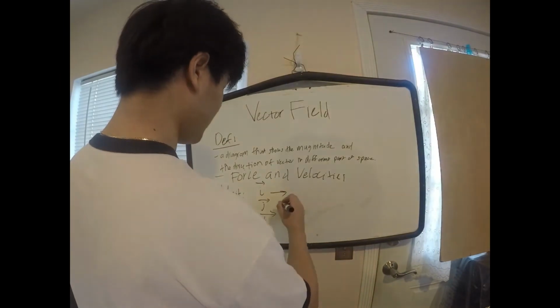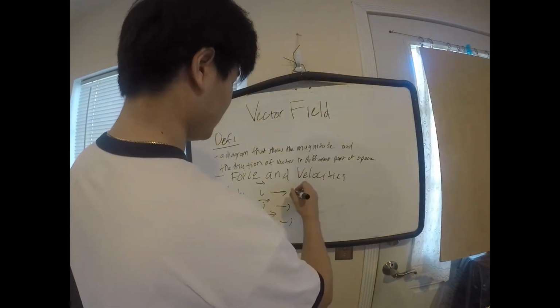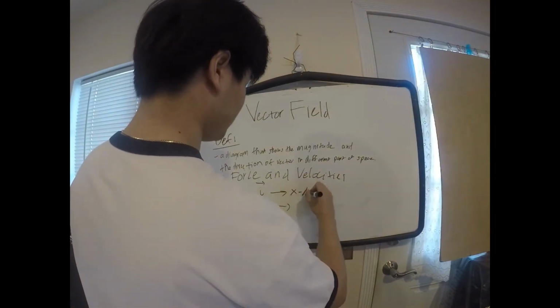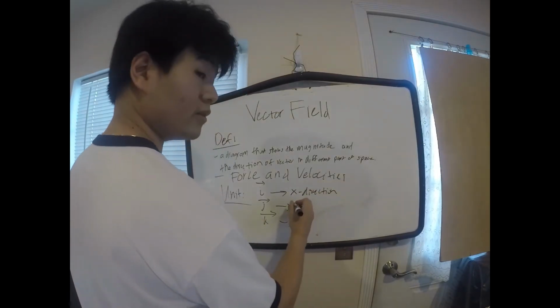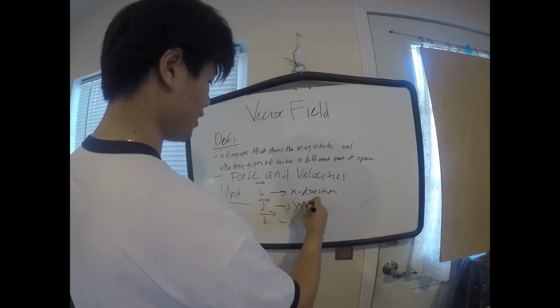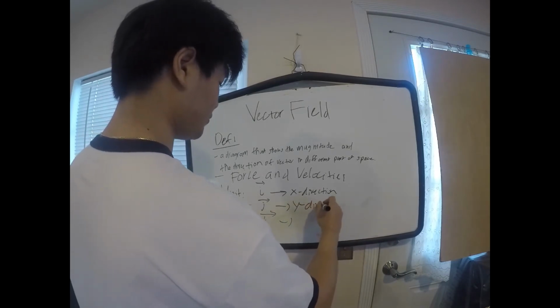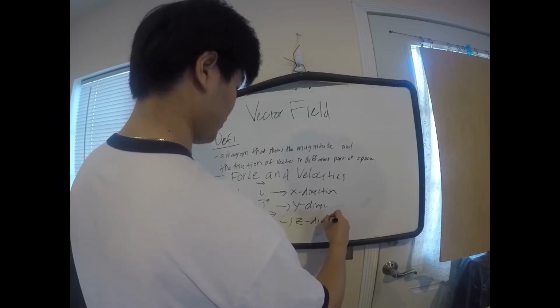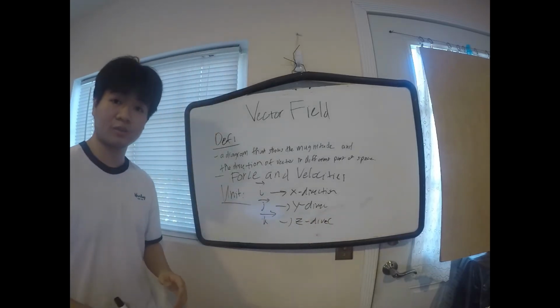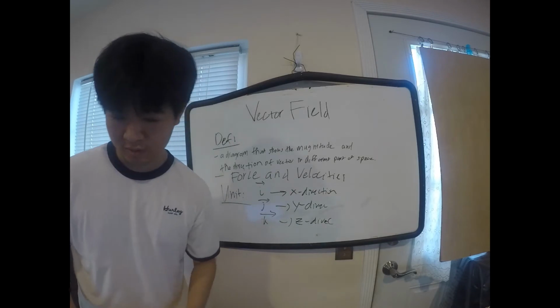So the I represents the x direction, J represents the y direction, and K represents the z direction. Okay, so that's pretty much it for vector field.